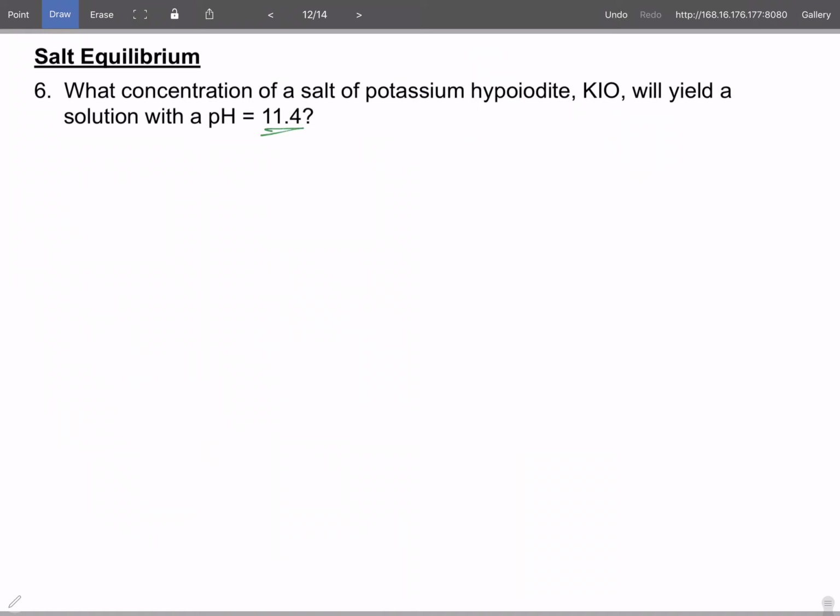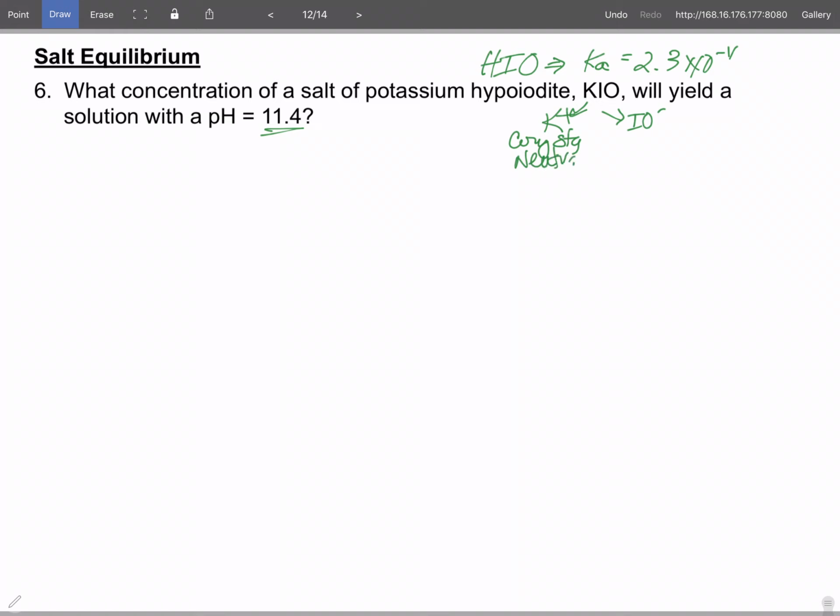Okay, so what concentration of potassium hypoiodite will yield a solution with a pH there? We have a basic salt, which means that HIO will be an acid. So it has a Ka value of 2.3 times 10 to the minus 11th. So when it dissociates, it's going to dissociate into K and IO minus. K is the conjugate of a strong base, so it is neutral. So what do we do with it?